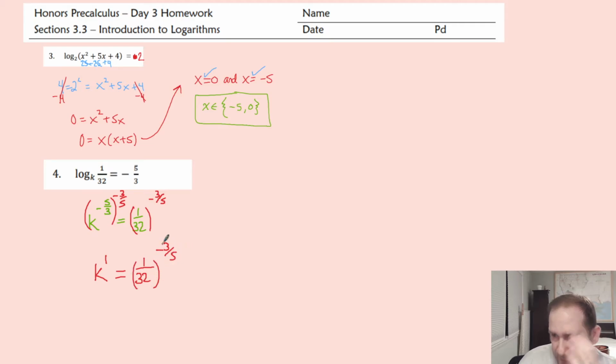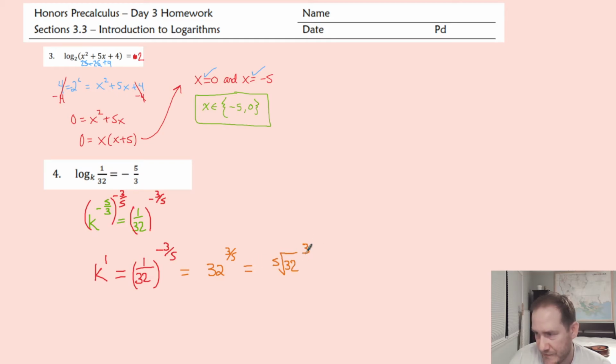So now just remember that this exponent essentially represents 3 steps. The first step, in my opinion, is resolve the negative by just taking the reciprocal of your base. So you now have 32 to the positive 3/5. Then the denominator represents taking a root, right? So you're going to do the 5th root of 32.